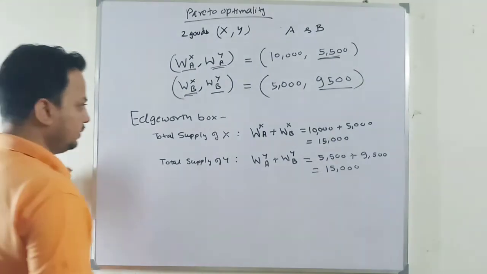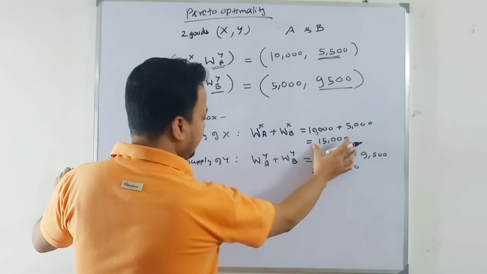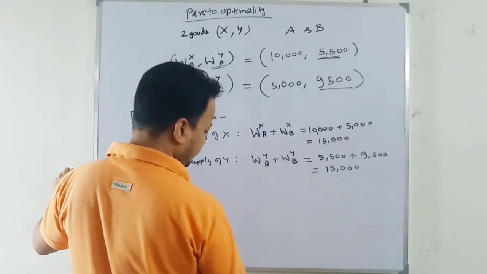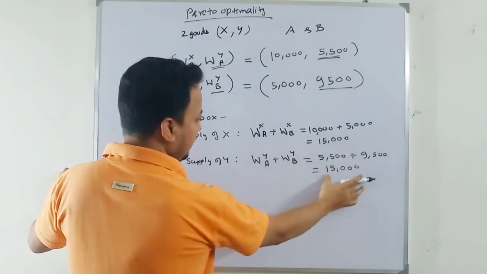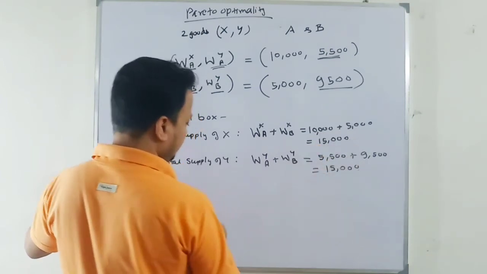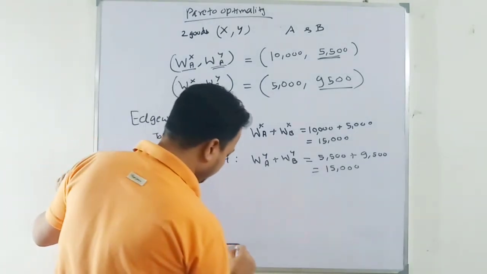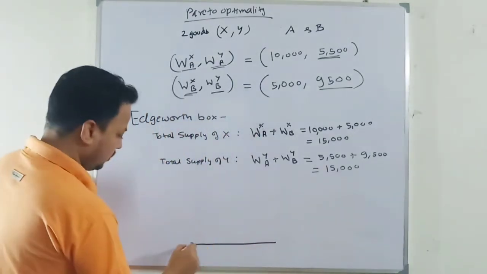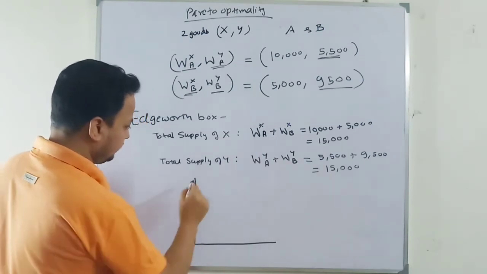So let me draw it. The horizontal axis will have a dimension of 15,000, and on the vertical axis I will draw 15,000 equivalently.